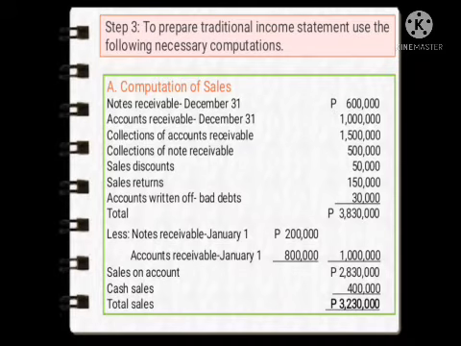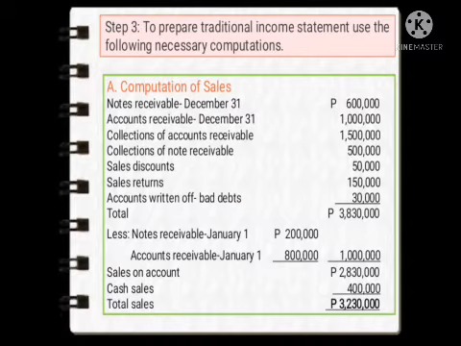Notes receivable at December 31, 600,000, add accounts receivable at December 31, 1 million, the collections of accounts receivable, 1,500,000, add collections of notes receivable, 500,000, sales discount, 50,000, sales returns, 150,000, and accounts written off as bad debts, 30,000, with a total of 3,830,000, less the notes receivable at the beginning of the year, 200,000, and accounts receivable, 800,000.